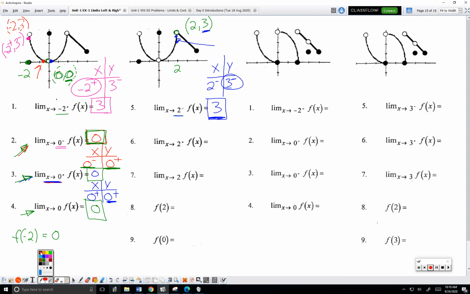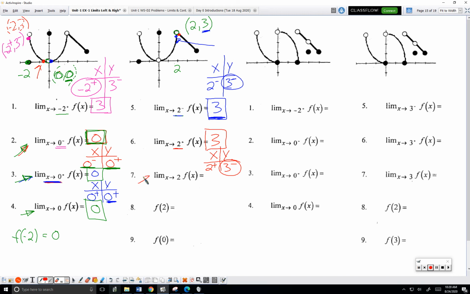For the right-hand limit, when x is slightly more than 2, I look at this red dot. That red dot has an x-coordinate that is slightly more than 2, has a y-coordinate that's slightly less than 3. Because of this, this right-hand limit is getting very close to equaling 3.